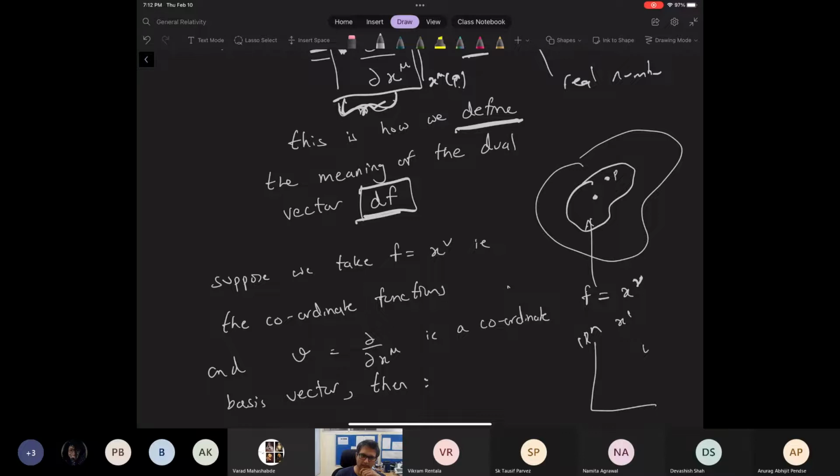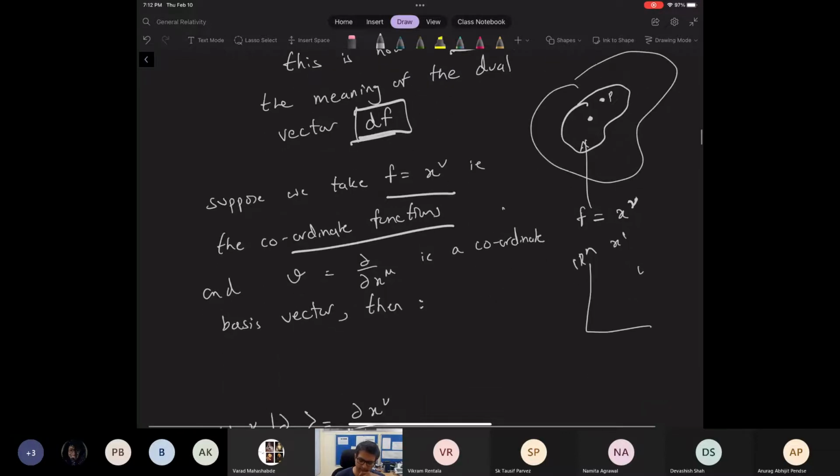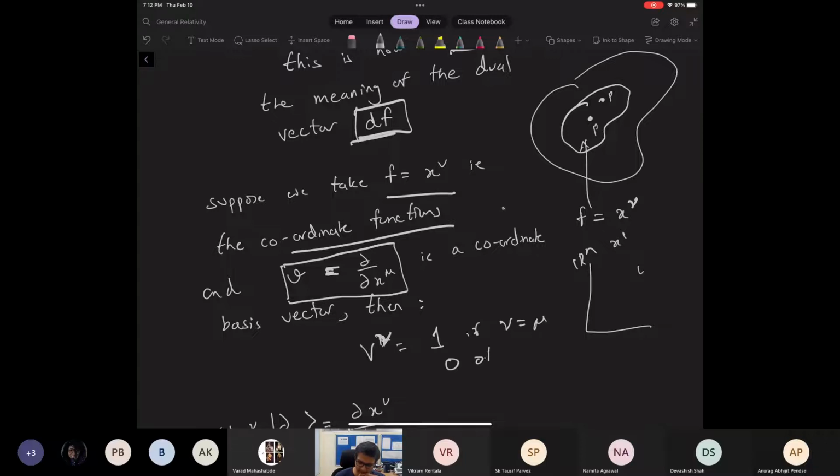So you take f is equal to x nu. That is, you take coordinate functions. And you take the vector v to just be directly one of the basis vectors. That is, you take it to be partial x mu. That is, we've taken v at the point P. We've taken v nu to be 1 if nu is equal to mu, 0 otherwise.